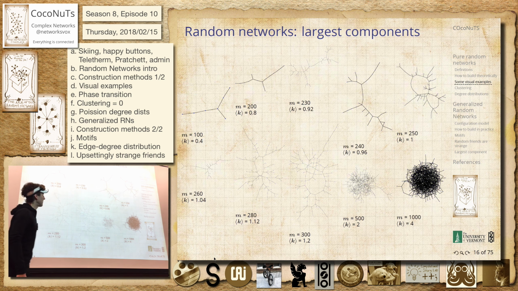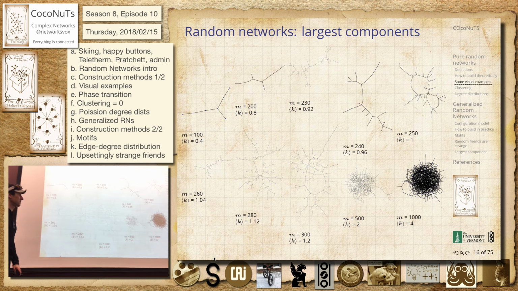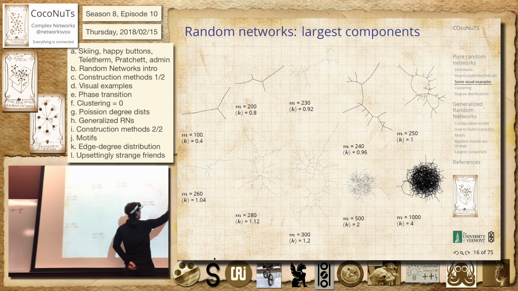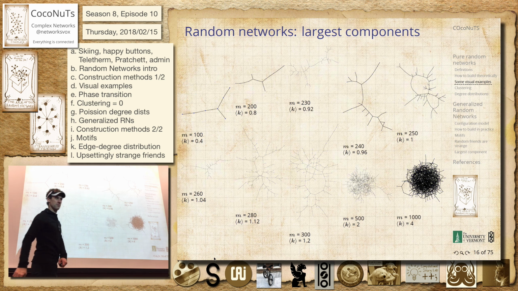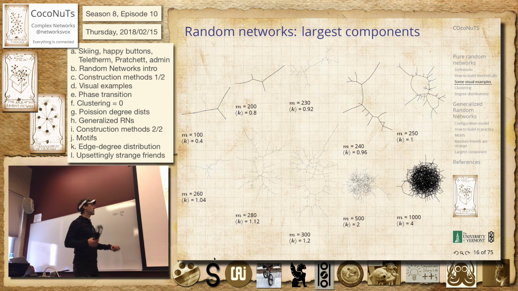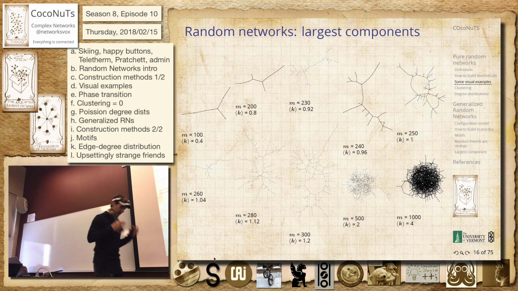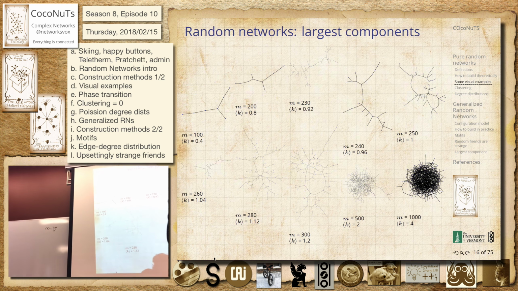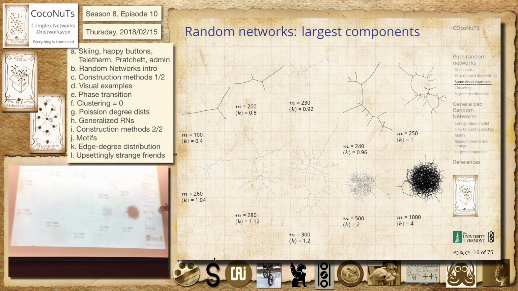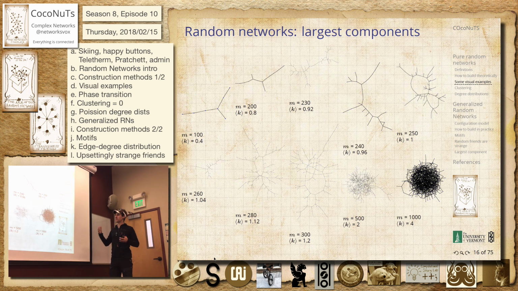If you have some way of controlling connections, like how people interact, then the big deal will be to move the system below this 1 here, because now you do not have a giant component. So we'll talk about a giant component. That means the largest connected group in the subnetwork, and it will be giant if we can see it from space, basically. So if it takes up a macroscopic fraction of the whole network.